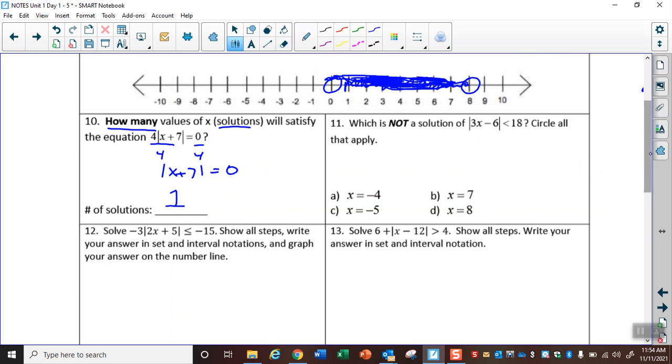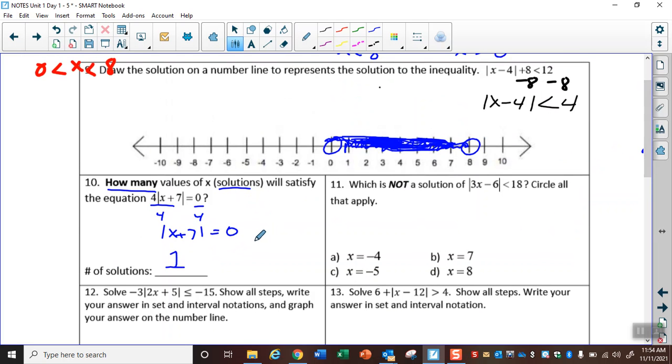When I set x plus 7 equal to negative 0 and x plus 7 equal to positive 0, that's the same thing. So all you're solving is x plus 7 equals 0. I would do minus 7, x equals negative 7. That is the one answer.